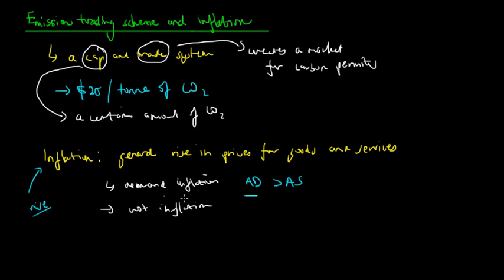So aggregate demand exceeding aggregate supply may not be a problem in this situation. However, cost inflation may occur. And this is because these carbon permits, which are at $25 per ton, actually increase business costs.